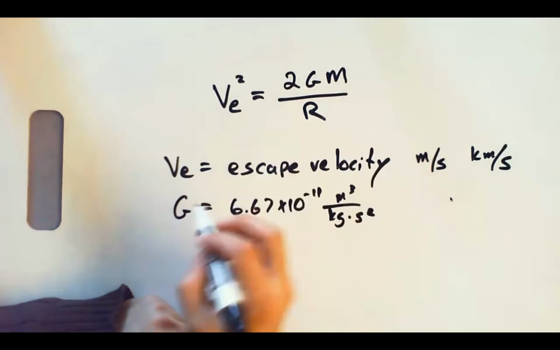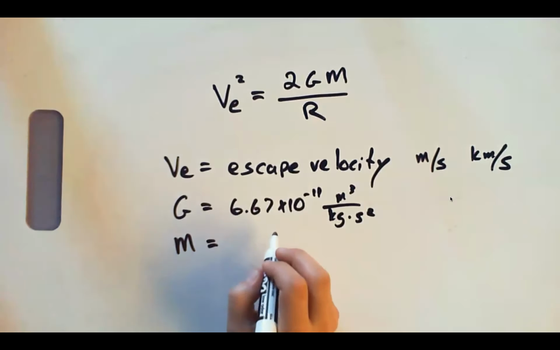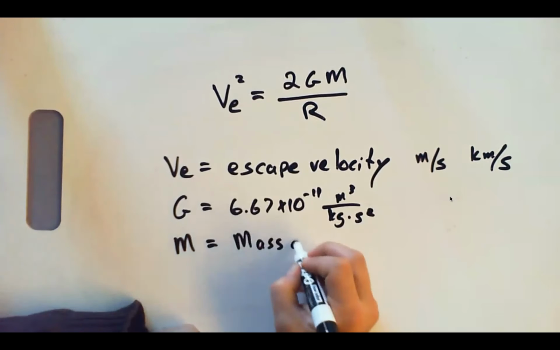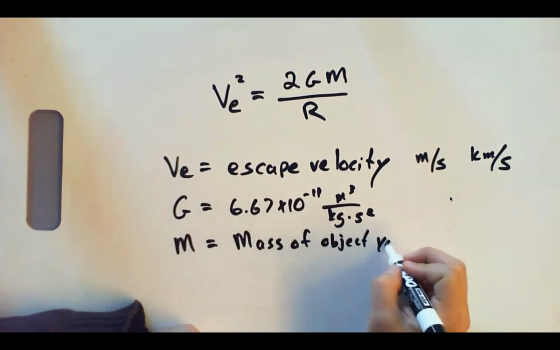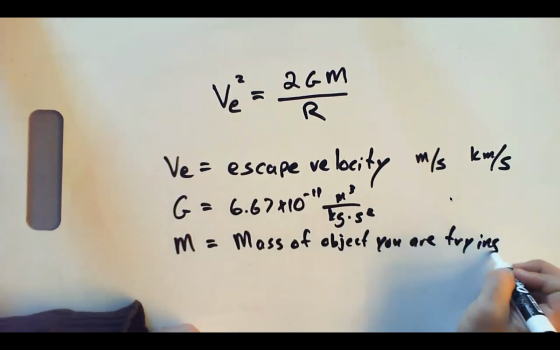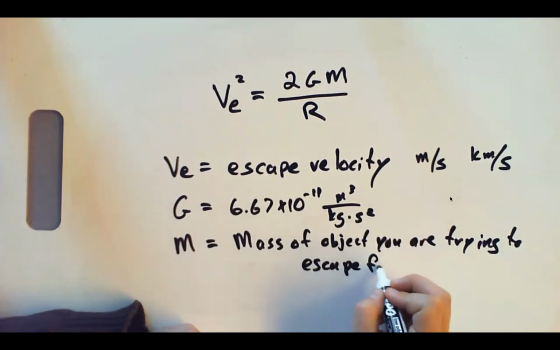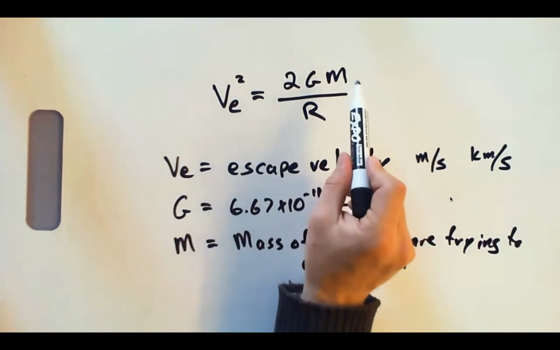Great. What is this M? This M is the mass of the object you are trying to escape from. There are two masses in the force of gravity equation.